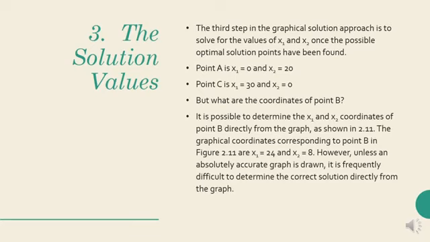The graphical coordinates corresponding to point B in figure 2.11 are x1 is equal to 24 and x2 is equal to 8. Kaya lang, okay, unless an absolutely accurate graph is drawn, it is frequently difficult to determine the correct solution directly from the graph.